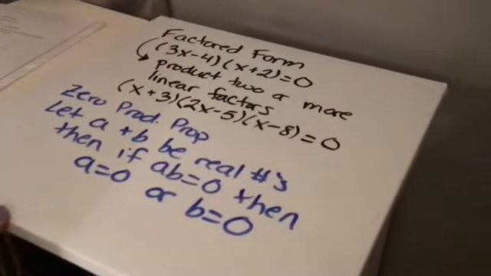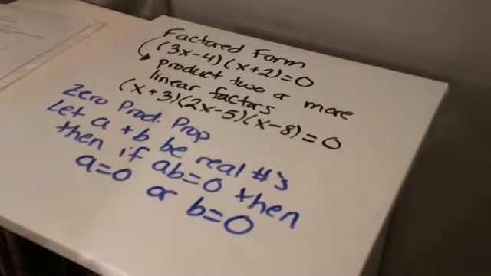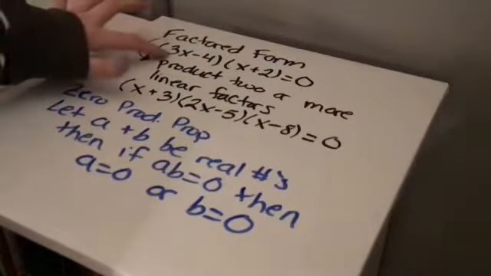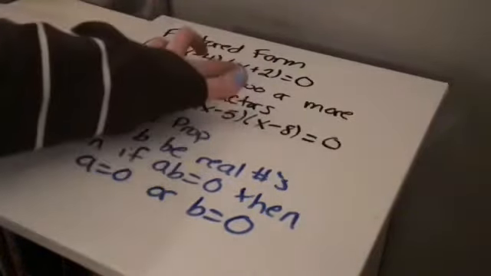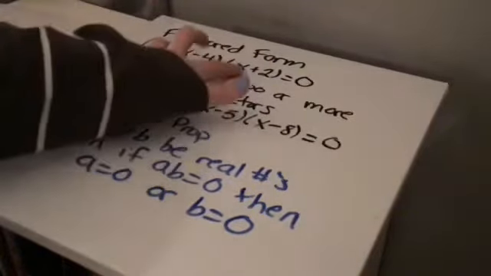It's the only way to get a product of 2 numbers to equal 0, is if one of your numbers is 0, or one of your factors, okay? So we're going to be able to then take our factored form and say, well, it's a product of 2 factors. Their product equals 0, then one of the factors has to be 0, and solve for x that way, okay? So let's see how that is done.